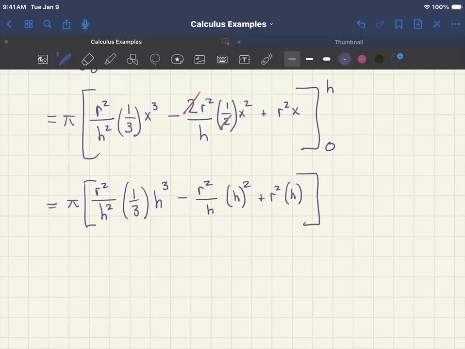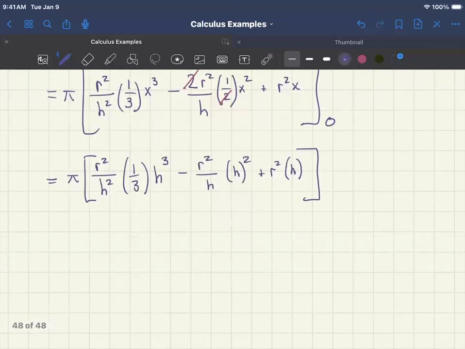And you'll notice if we plug 0 in, because every single term here has an x, they're all going to vanish. So we actually don't even need to write that in, which makes our lives a lot better.